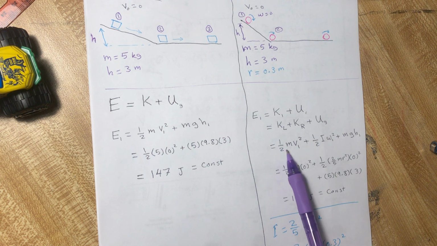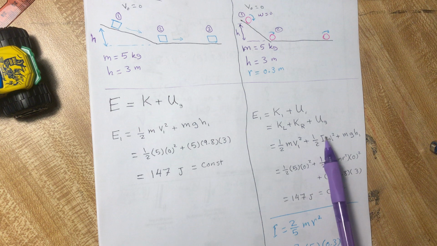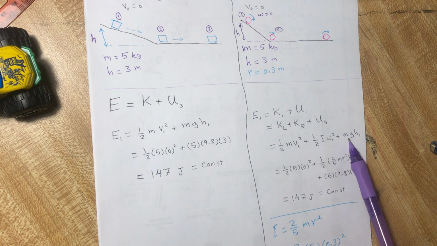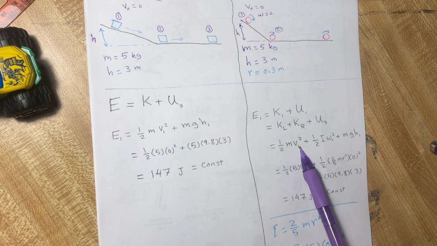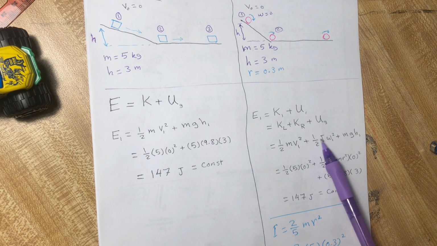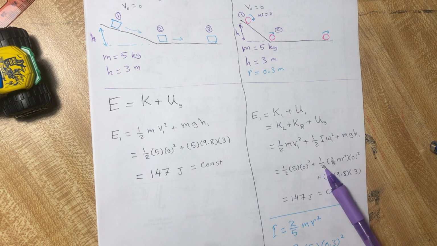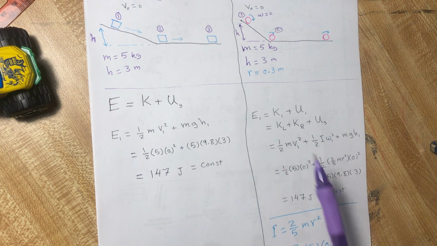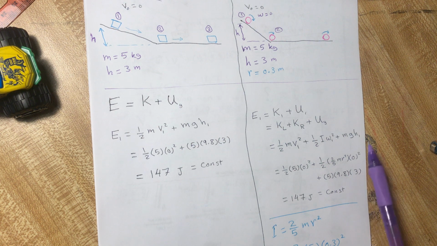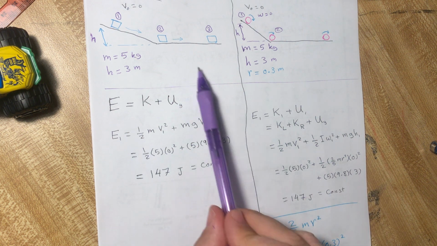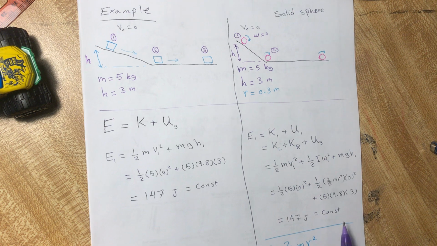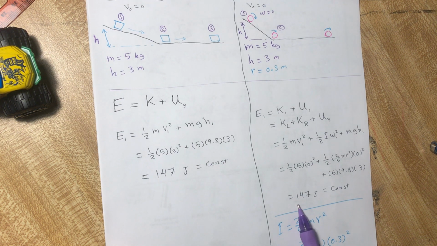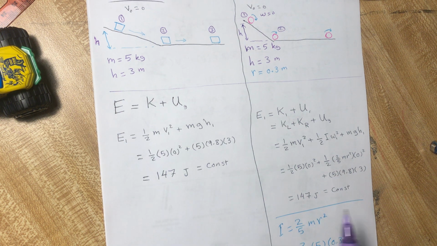The linear is half mv squared, the rotational is half I omega squared at point 1, plus mgh1. v and omega are zero, so these two terms are zero. The kinetic energy is 0 at the first point. The potential energy is mgh. m is 5, the same, since both bodies have the same mass. g is the same, and the altitude h is the same. Then the mechanical energy for both systems is the same, 147 joules, which is constant.